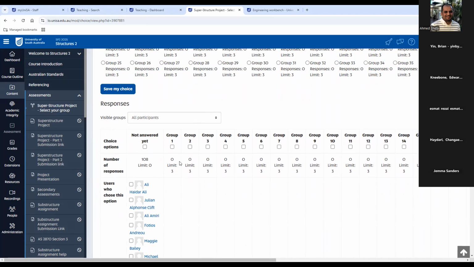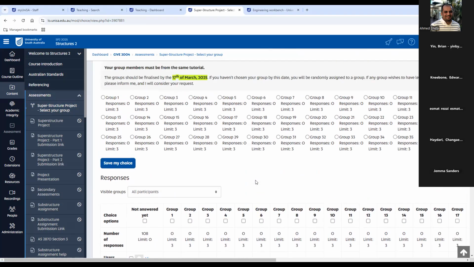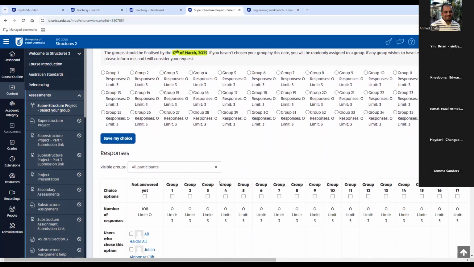We will discuss if you want a different number, but I prefer not to make them 4, though we will do 4 for special cases. The ideal number of members in a group is 3, and for less or more we will discuss. You can send me an email with the reason or the logic behind that, and I will discuss with you. Please use the tab, select your superstructure project group, and use this link to finalize the groups.